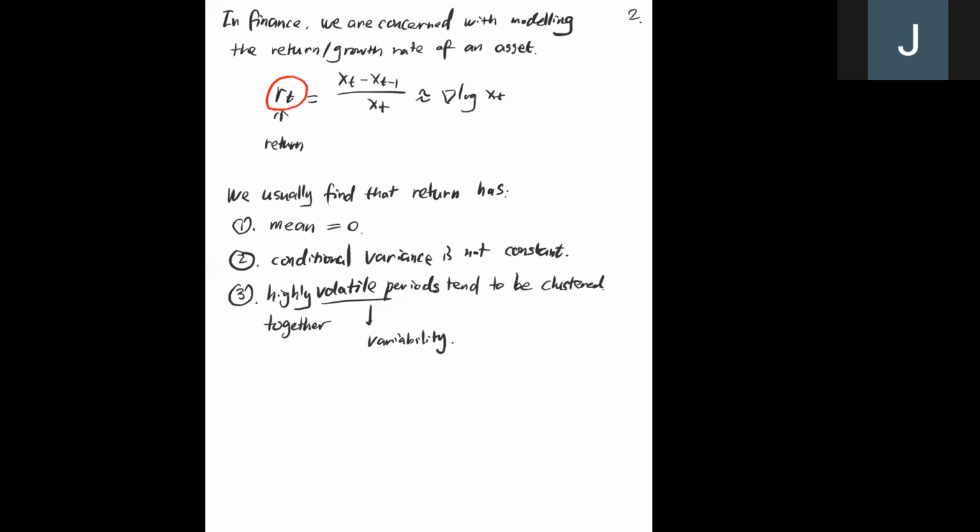But what we're seeing in the finance data is that the conditional variance is actually not constant. It actually depends on time. So I want to switch to the R code to first give you an example, to tell you what these 3 properties actually mean in data. Okay, so let me switch to R.